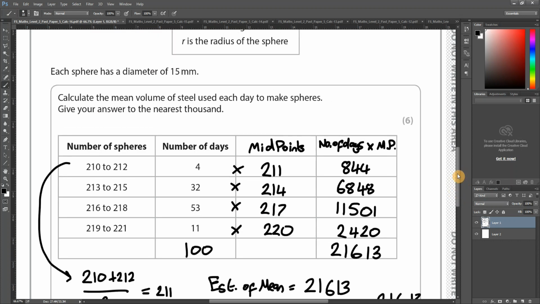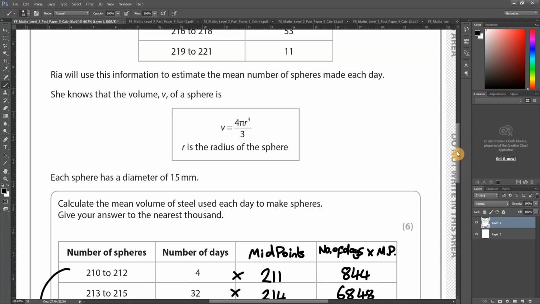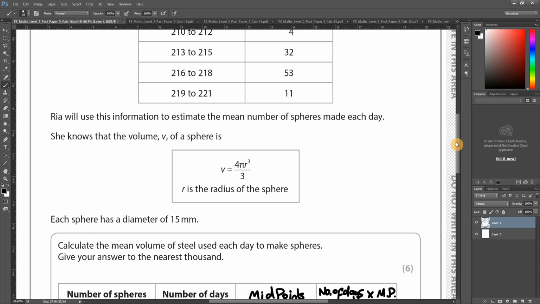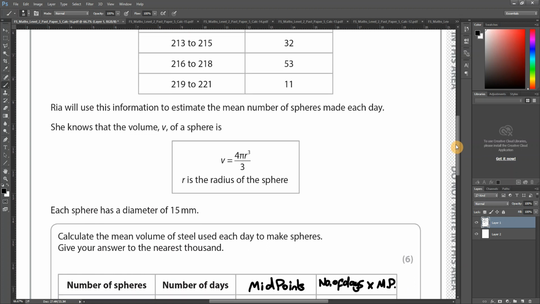So we need to work out the volume of what one sphere would be. So we're going to have to go back to where it says volume, and we have to use this formula. We're going to need the radius. Well, we're told that the diameter is 15, so radius must be half of that, and that's 7.5 millimeters.